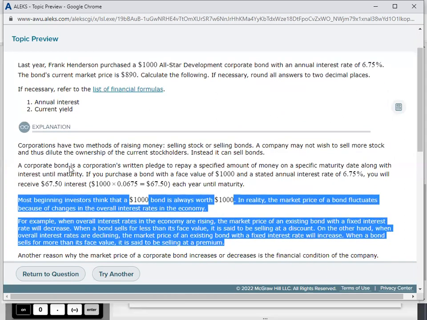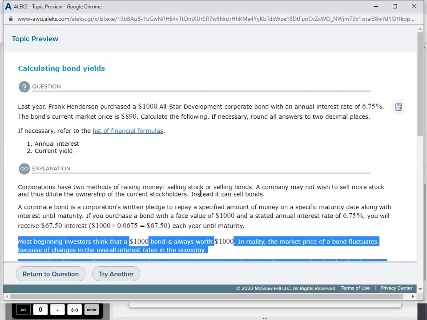All right, so corporations have two methods of raising money: selling stock or selling bonds. A company may not wish to sell more stock and thus dilute the ownership of the current stockholders. If you just keep selling tons of new stock, then the people who already own the stock go from having 1% of the company to 0.5%, then 0.25%, and maybe 0.1%, and they haven't done anything.